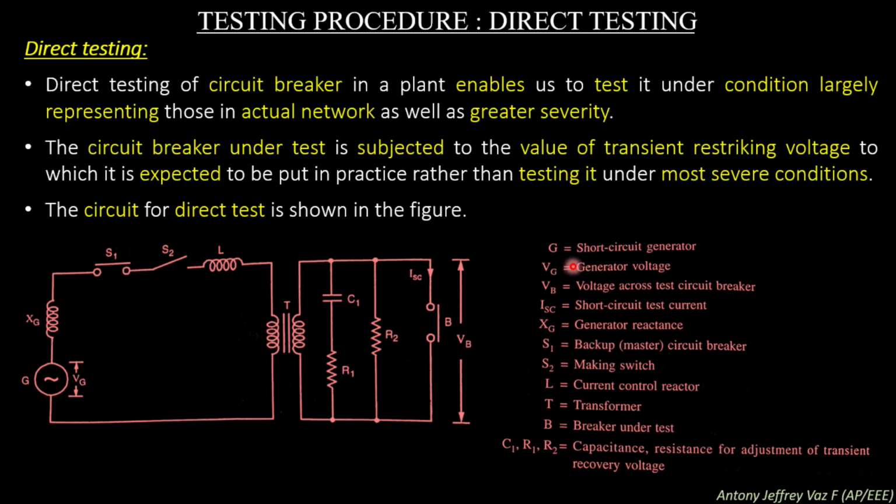You can see G is the short circuit generator, VG is the generated voltage, VB is the voltage across the test circuit breaker, ISC is the short circuit test current, and XG is the generator reactance, and S1 is the backup master circuit breaker, and S2 is the making switch, and L is the current controlled reactor, T is the transformer, B is the breaker under test, C1, R1, R2 are the capacitance and resistance for adjustment of transient recovery voltage. All these components are connected in the direct testing.